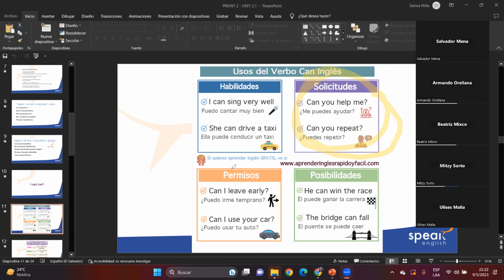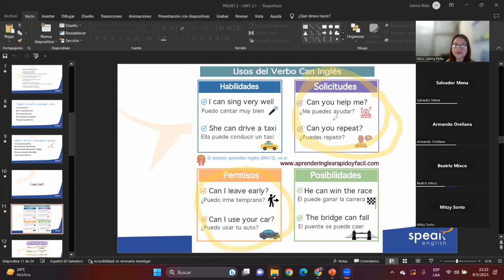I would ask, Mitzi, can you help me to read permissions? Teacher, mm-hmm. Leo, ¿puedo leer? Yes, you can. Okay. It says, can I leave early? And can I use your car? Mm-hmm. And with possibilities?